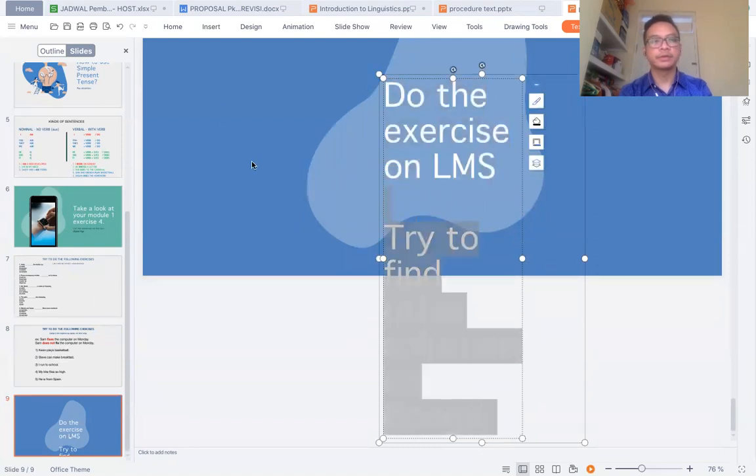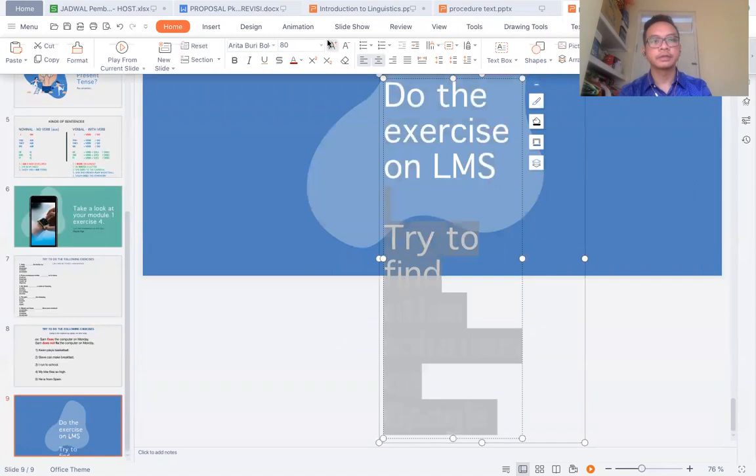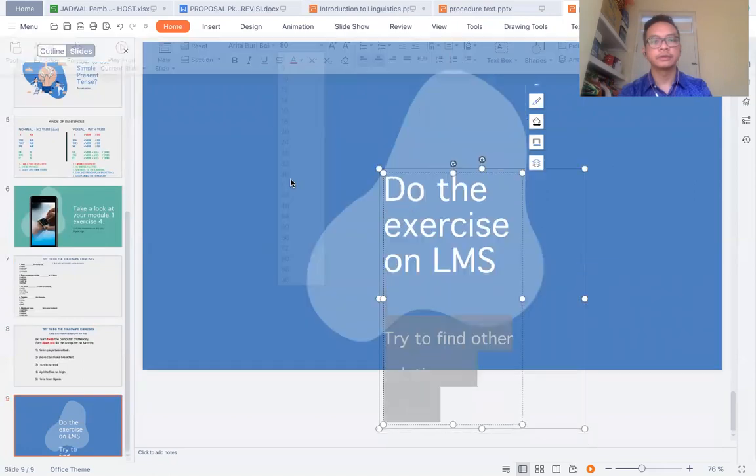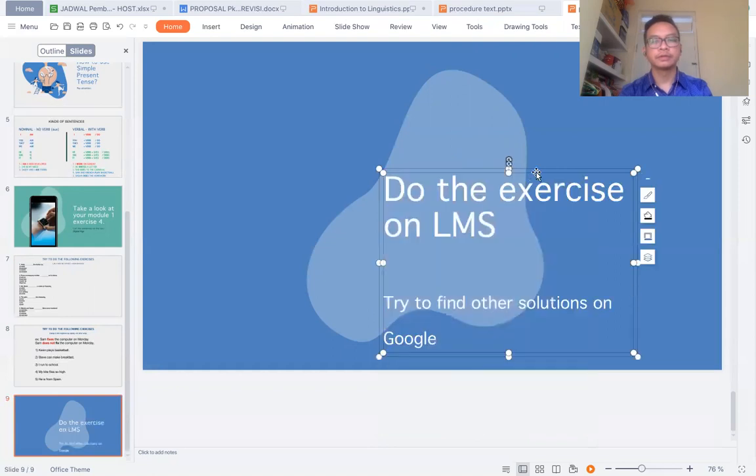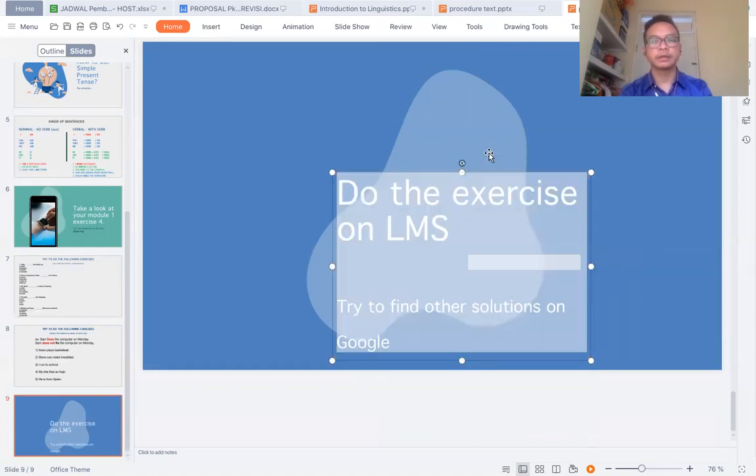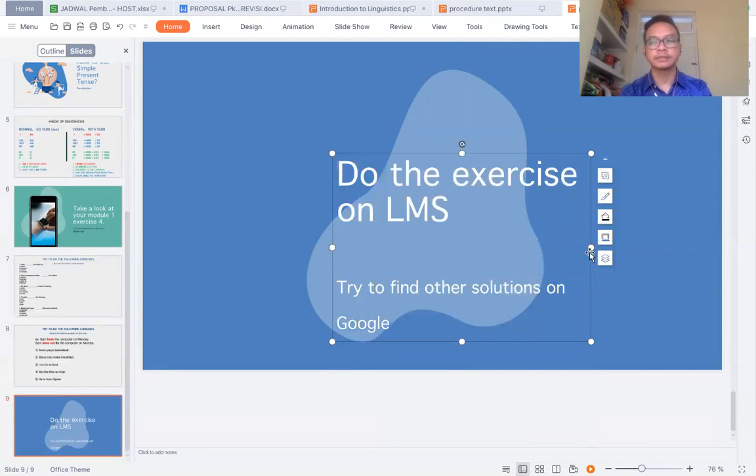Jadi jangan hanya mendengarkan penjelasan saya saja, Anda juga bisa mencari solusi lain dengan mencari di Google, begitu ya.